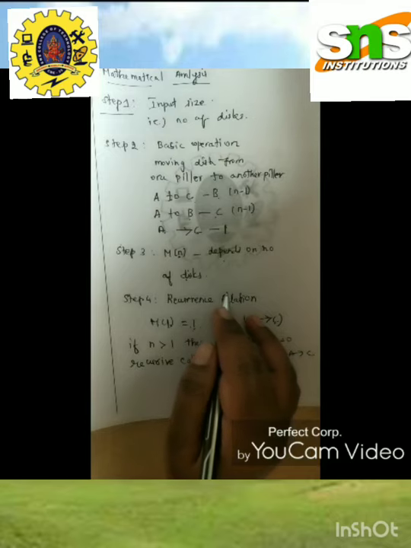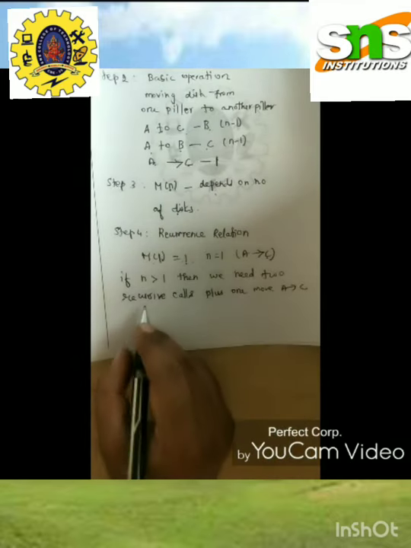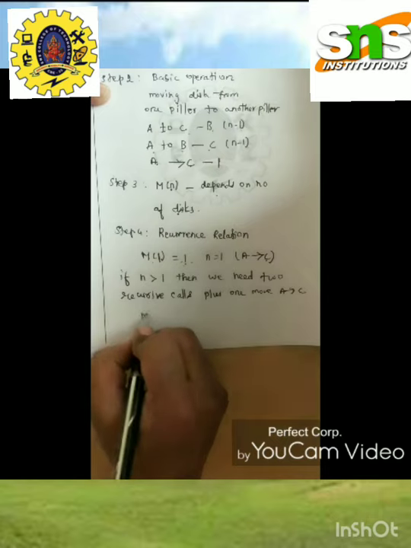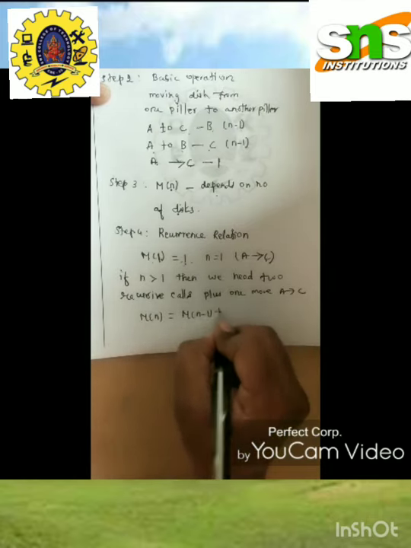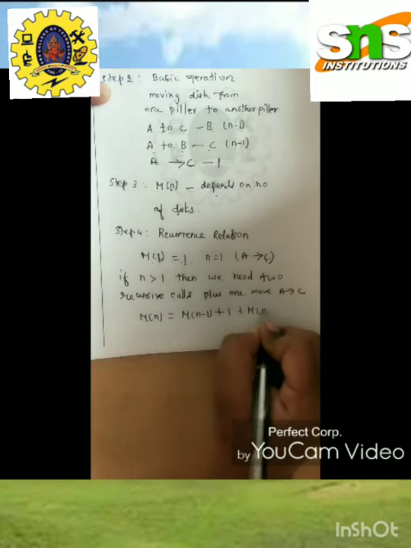So we form the recurrence relation, that is M of n equals M of n minus 1 plus 1 plus M of n minus 1.